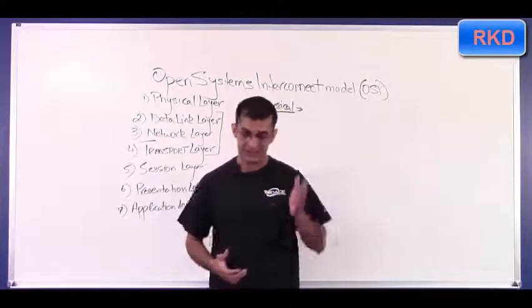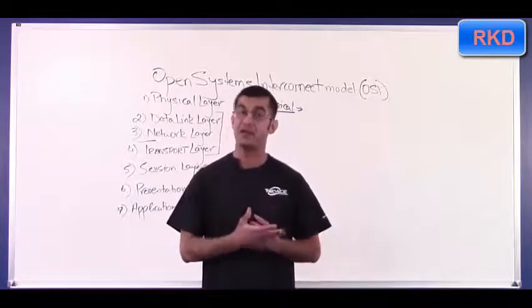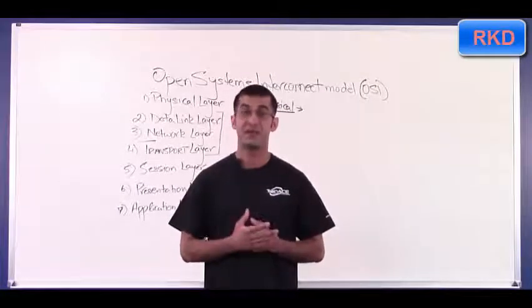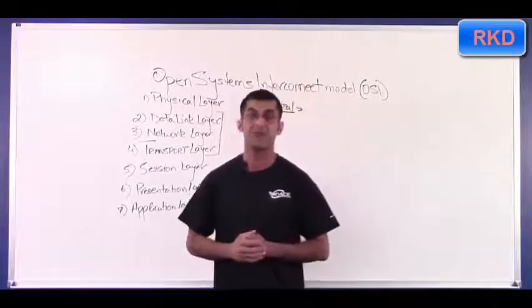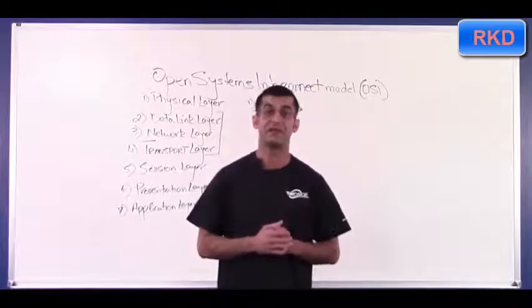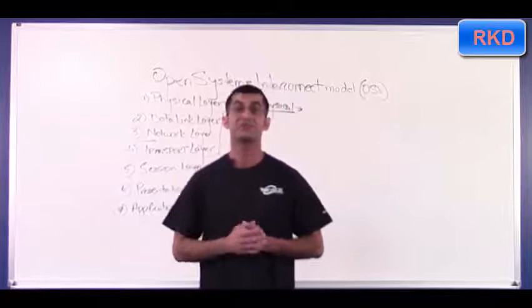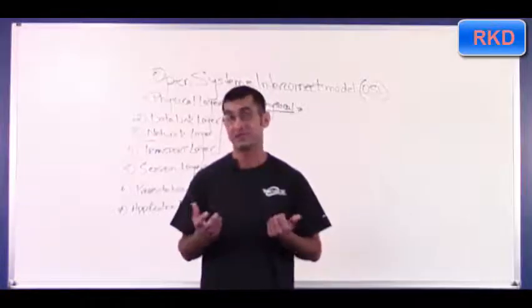Now, let's look at X. If that first X in X-base-T is the number 10, that means the cable can transmit at 10 megabits per second. If that number is 100, it can transmit at 100 megabits per second, and if it is 1,000, that means the cable can transmit at 1,000 megabits per second, also called a gigabit.